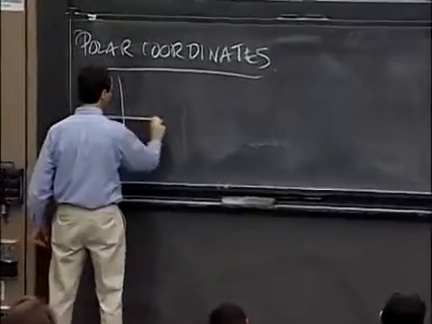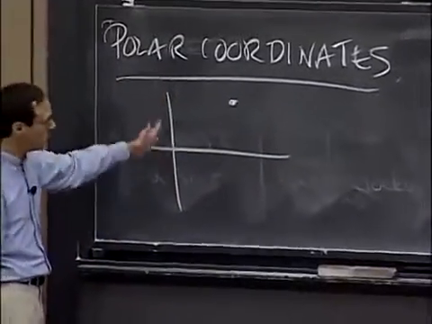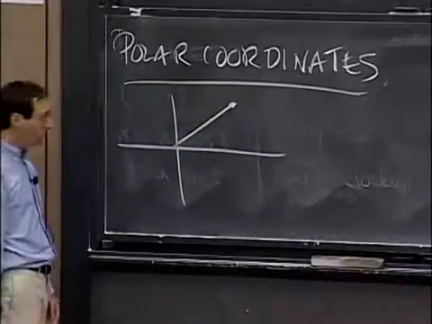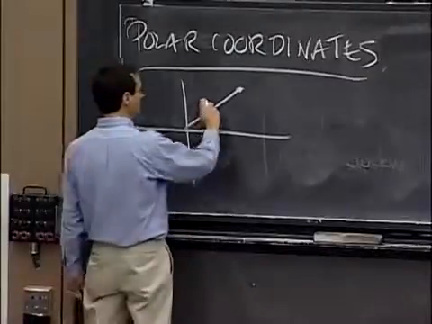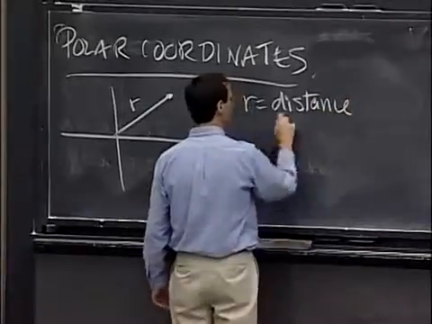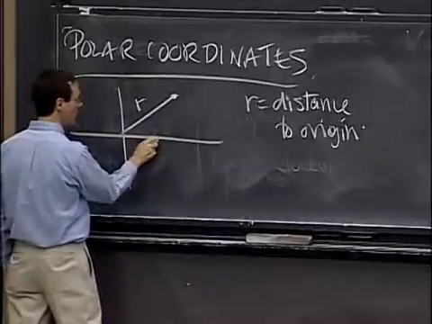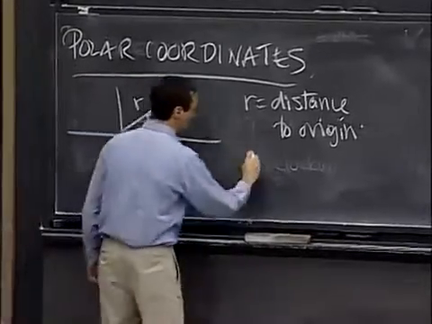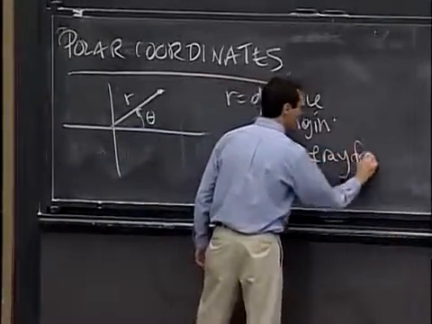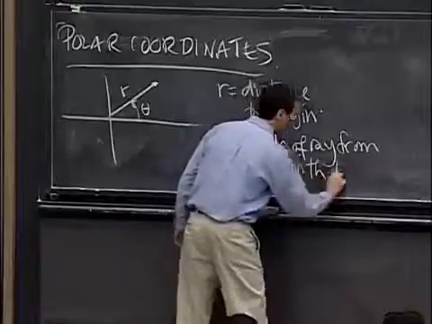It's a way of describing the points in the plane. Here's a point in the plane, and here's what we think of as the usual xy axes. And now this point is going to be described by a different pair of coordinates, different pair of numbers, namely the distance to the origin, and the second number here is this angle theta, which is the angle of the ray from the origin with the horizontal axis.